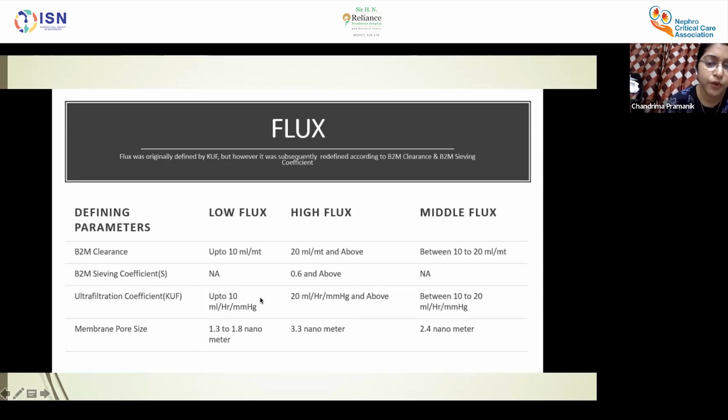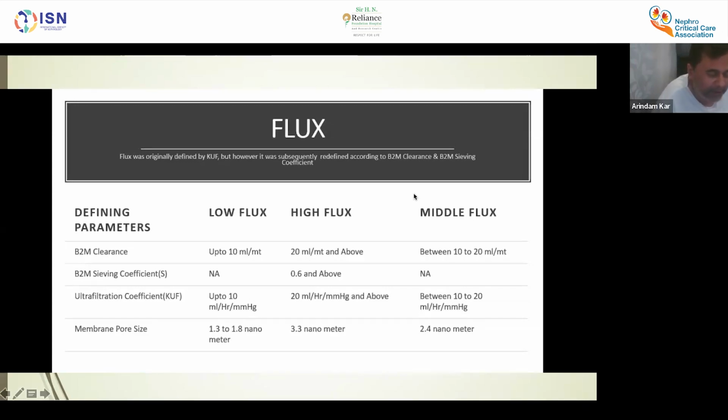And in case of low flux dialyzer, the membrane pore size is 1.3 to 1.8 nanometer, whereas high flux dialyzer is 3.3 nanometer. So we also have a middle flux dialyzer, which is an intermediate between the low flux and the high flux dialyzer.